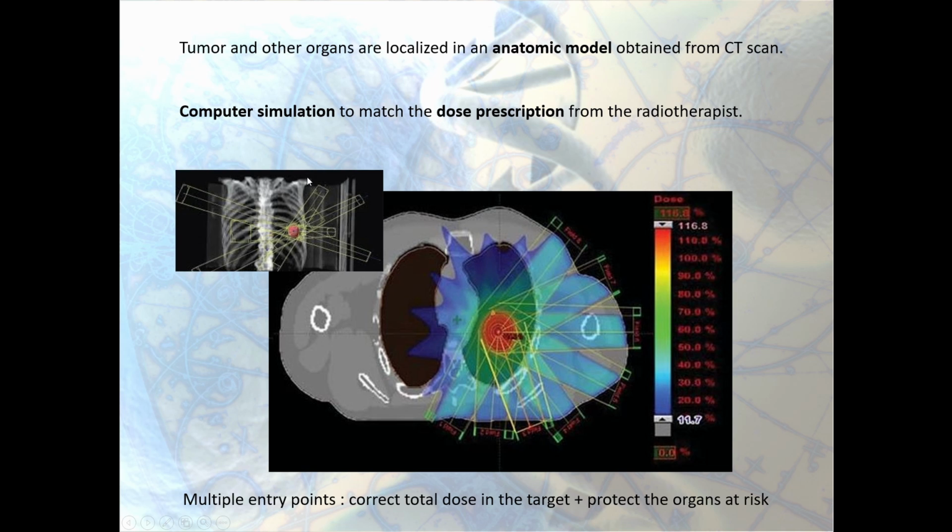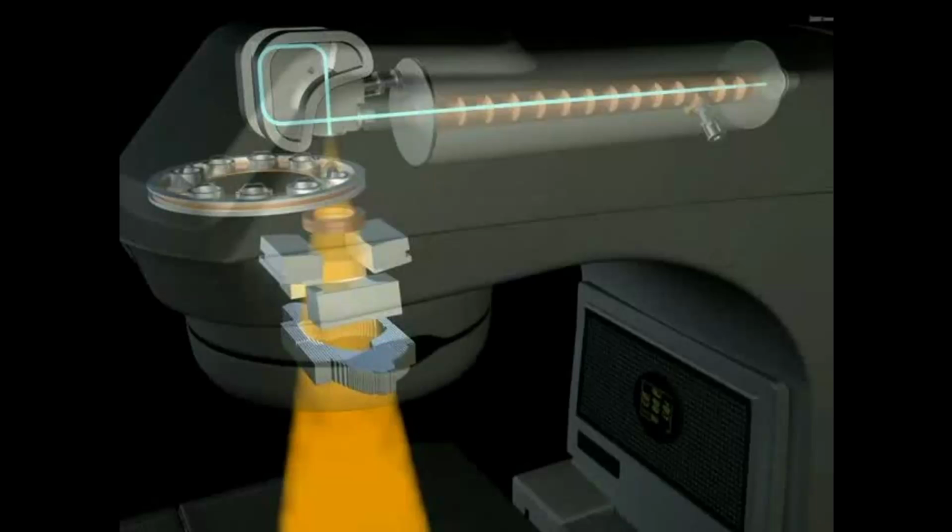And then you will run a computer simulation to see how you can adjust the different beams such that with different entry points, you will be able to accumulate, to concentrate energy in the target, and to spare as much as you can the surrounding tissue, such that you will match the dose prescription from the radiotherapist.